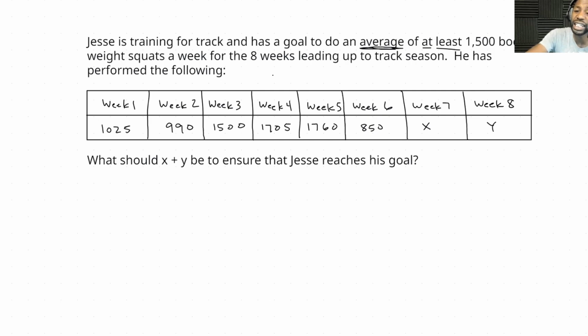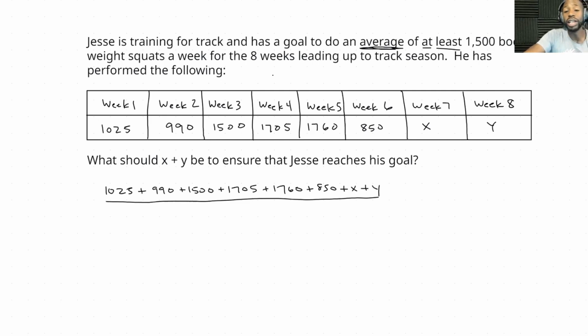We want it to be at least 1,500 body weight squats a week for the 8 weeks leading up to track season. So when we add all the squats up and divide by 8, it should be at least 1,500. Let's write that out. You got 1,025 plus 990 plus exactly 1,500 that week plus 1,705 plus 1,760 plus 850 plus X plus Y, divided by 8.